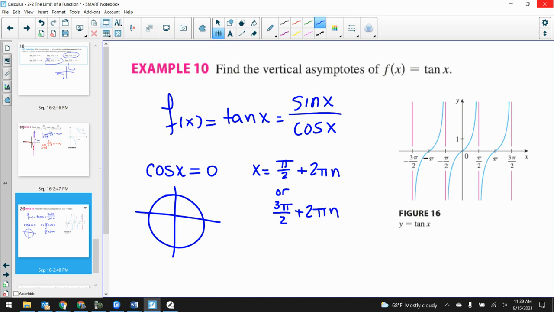Do I care that they don't match? No. Because remember that table, just one of them had to be true to be a vertical asymptote. So at negative pi over 2, the right side limit's negative infinity, the left side limit's positive infinity. And that will keep going in each iteration of 2 pi, right? That keeps happening.